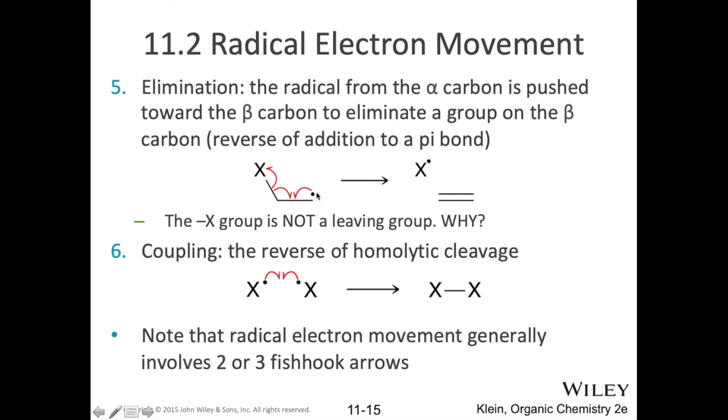Here the reverse process happens. This radical forms half of your pi bond. This bond is going to homolytically cleave, one electron will form the other half of that pi bond, and the other electron will go and turn that atom into your leaving group.